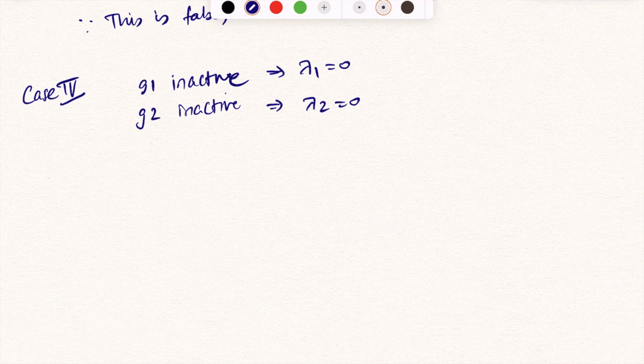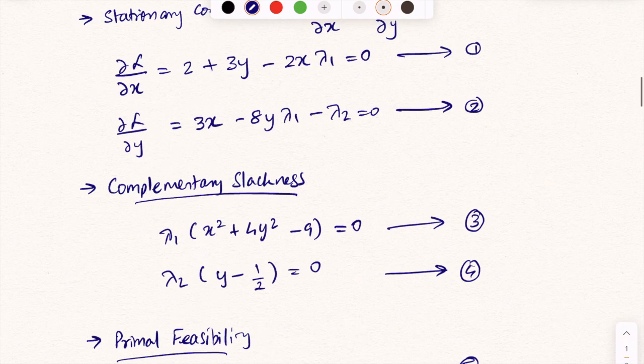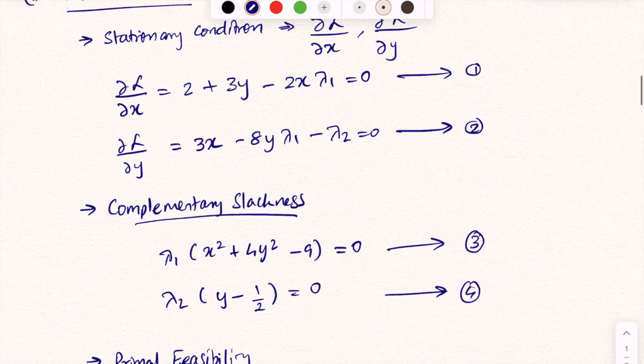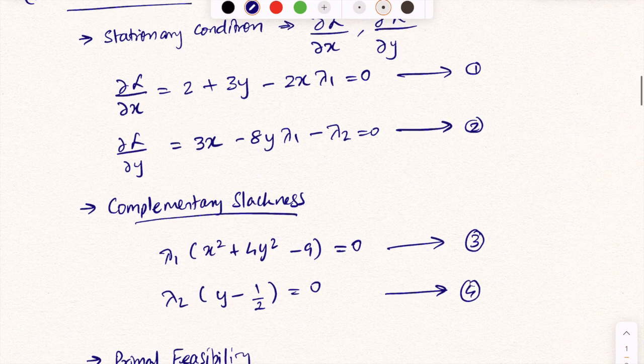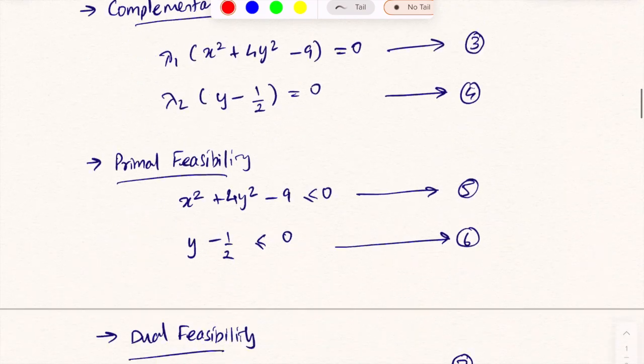Again, I'm trying to think of an equation from the KKT conditions that you've established all the way in the beginning, something that's going to help me either find candidate points or disprove that there are any valid candidate points. And so I'm thinking of using this equation right here, which is the derivative of the Lagrangian with respect to y. If I set lambda 1 and lambda 2 to be 0, since both constraints are inactive, 3x equals 0, x is 0, that means I found a value for x pretty quickly and easily, so let's go with that.